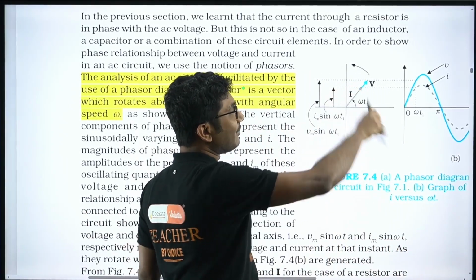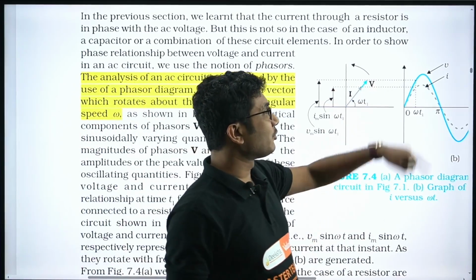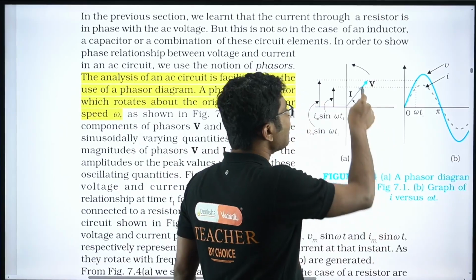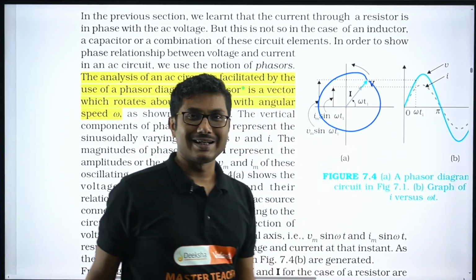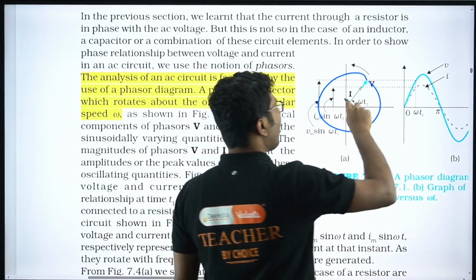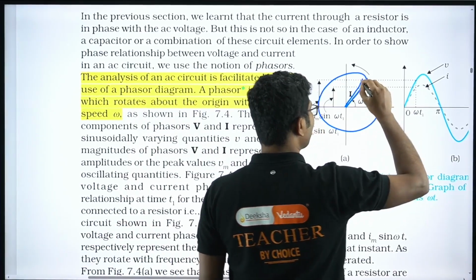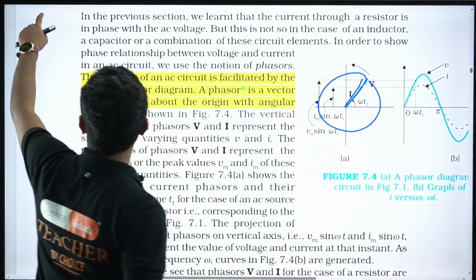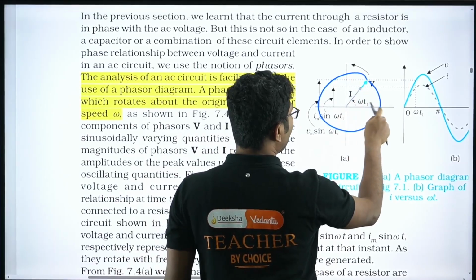So basically we have learned in our simple harmonic motion that a simple harmonic motion can be represented by a circle. So this is kind of that circle only. Okay, but we do not draw the circle completely. The only thing we are interested in is the relative phase. So these two phase arrows are important, right? So what we do is draw these arrows to represent different quantities.